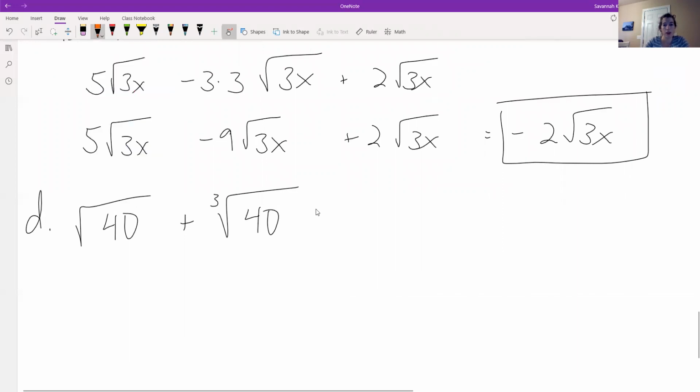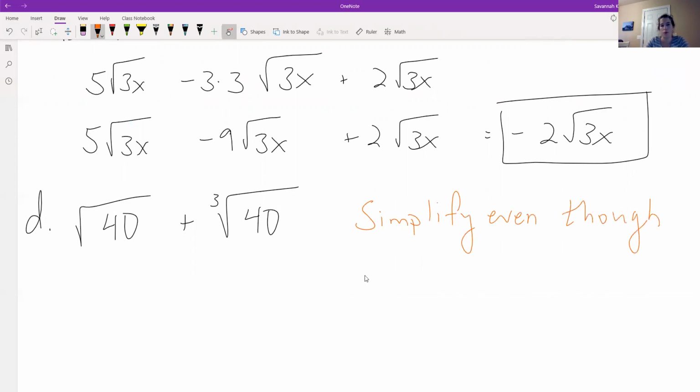In other words, the problem is not going to be considered 100% correct unless we simplify. So simplify even though we know for 100% certainty that there will not be any like radicals. Kind of like with fractions, you always reduce the fraction, you always simplify the root.